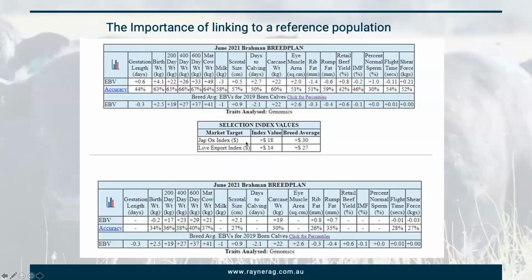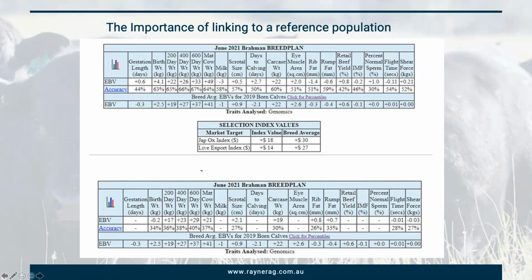You'll see here we've got selection index values. Some breeds only have 2, some have 4 or 5. These are measured on the potential profit expressed per cow mated across the entire profit chain of a breed.